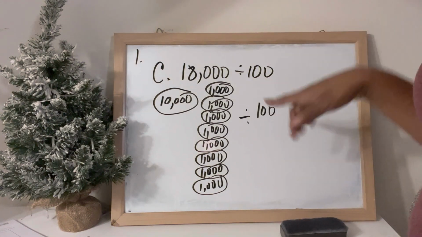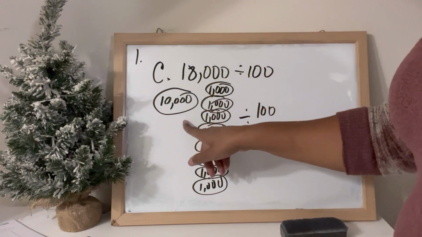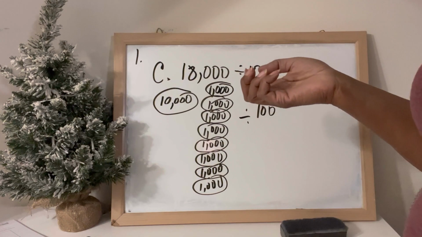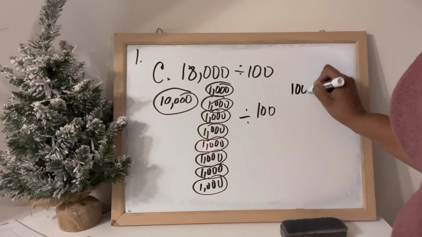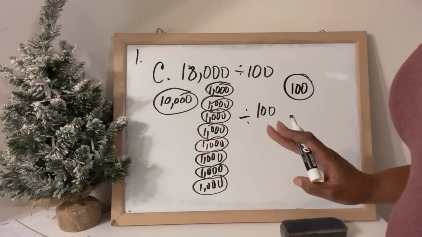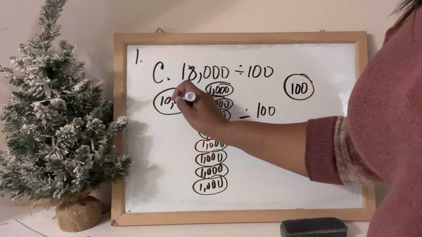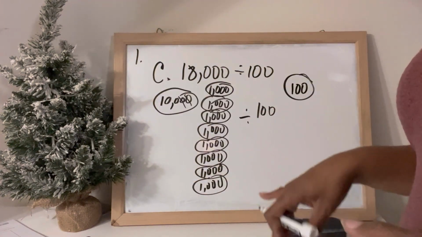Now, you're going to start with dividing your 10,000 this. 10,000 divided by 100, that's going to be 100. And I can easily see that because 100 has 2 zeros, and I could just simply cancel out 2 zeros here, and I can see that it's 100 left over.